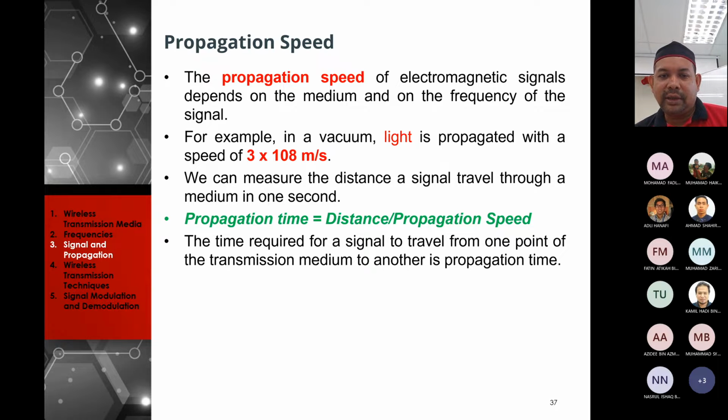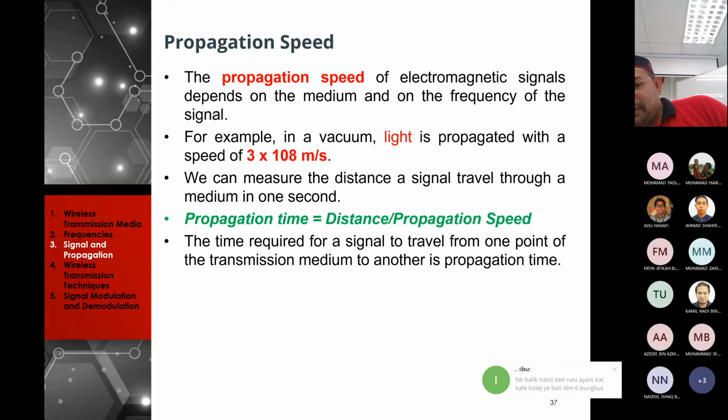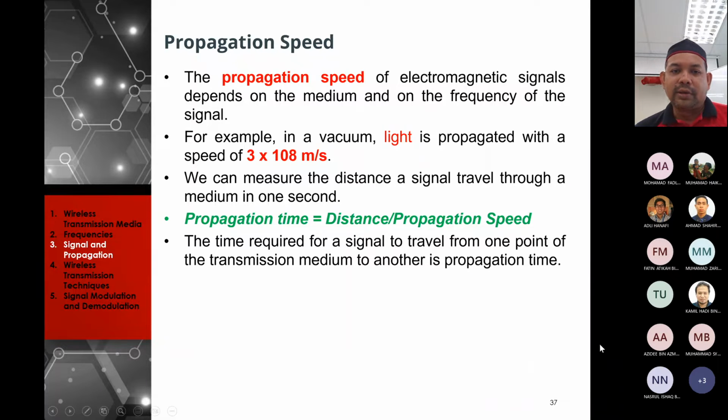So we can measure the distance the signal travels. It is not 1008, it is 10 to the power of 8 meters per second. 10 to the power of what?